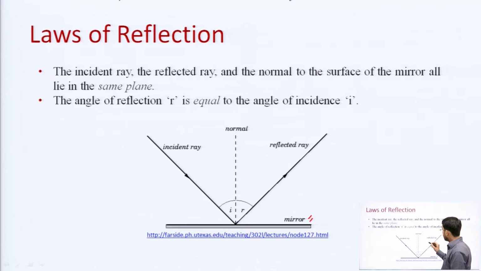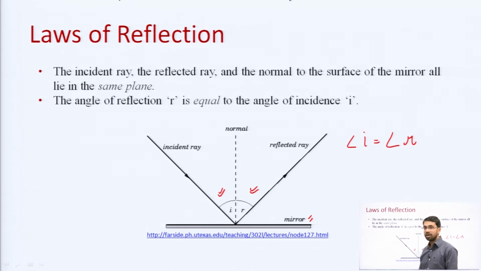All these three things lie in a single plane. This is the first law of reflection. The second law: the angle of incidence is equal to the angle of reflection. Angle of incidence i is equal to angle of reflection r.